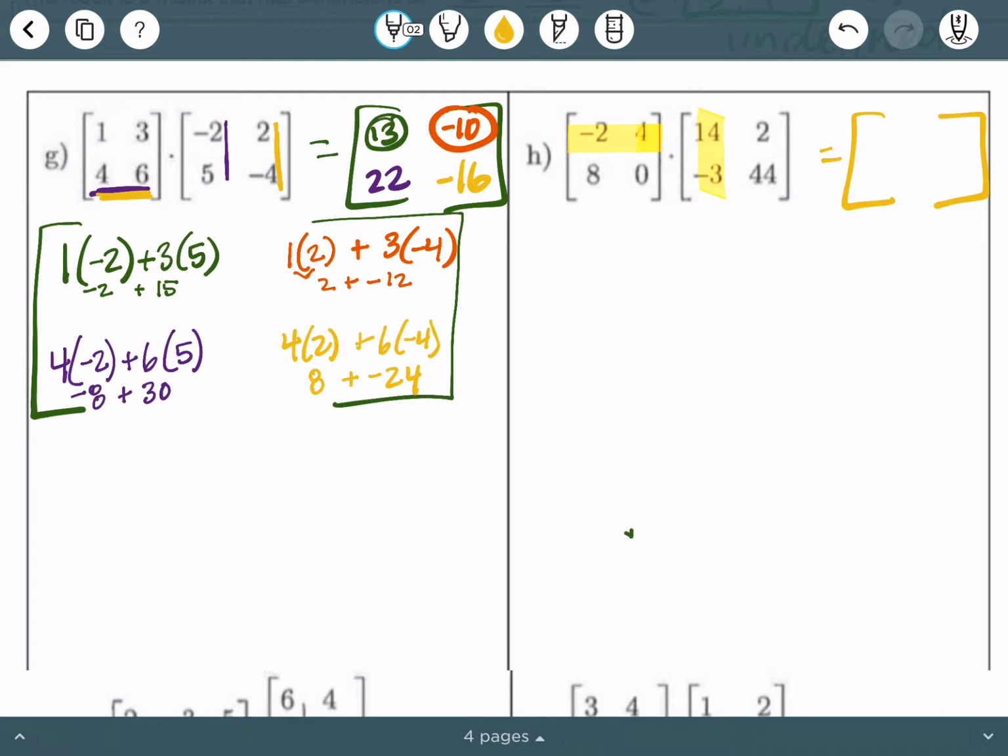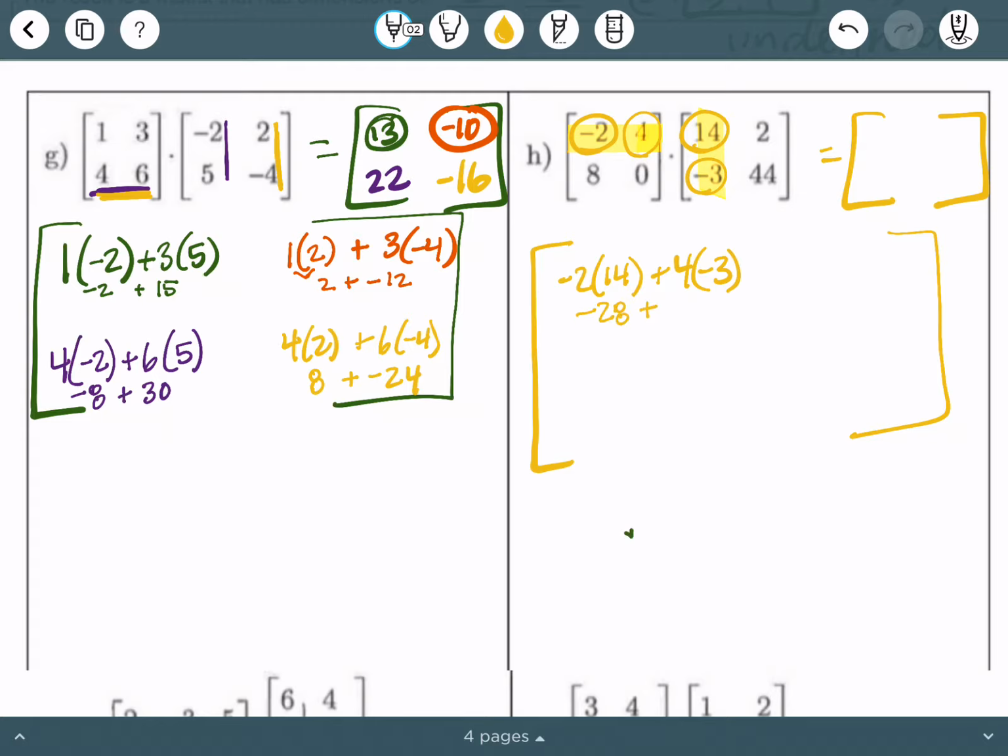So yellow, yellow is going to give me, in the first section, negative 2 times 14 plus 4 times negative 3. That's negative 28 plus negative 12 gives me negative 40 in the first section. Right, so that was the yellow. So let me go back here. This part here is yellow.